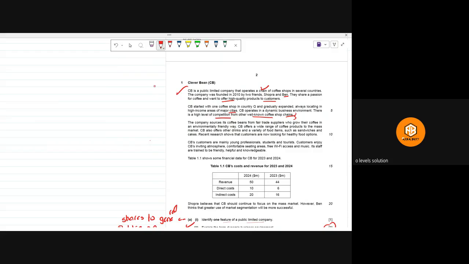Okay. The company sources its coffee beans from fair trade suppliers who grow their coffee in an environmentally friendly way. CB offers a wide range of coffee products to the mass market. CB also offers other drinks and a variety of food items, such as sandwiches and cakes. Recent research shows that customers are now looking for healthy food options.